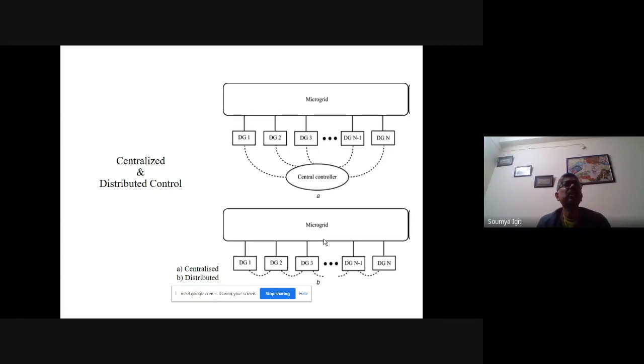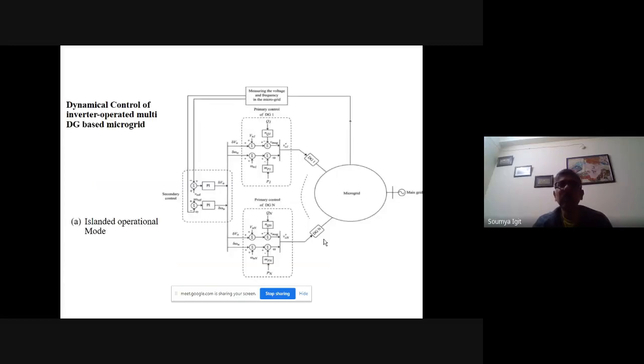Just like in a zero order hold, you hold the previous state unless and until the total conversion is complete, right? So you have the dynamic control in the different topologies in the consensus based control.